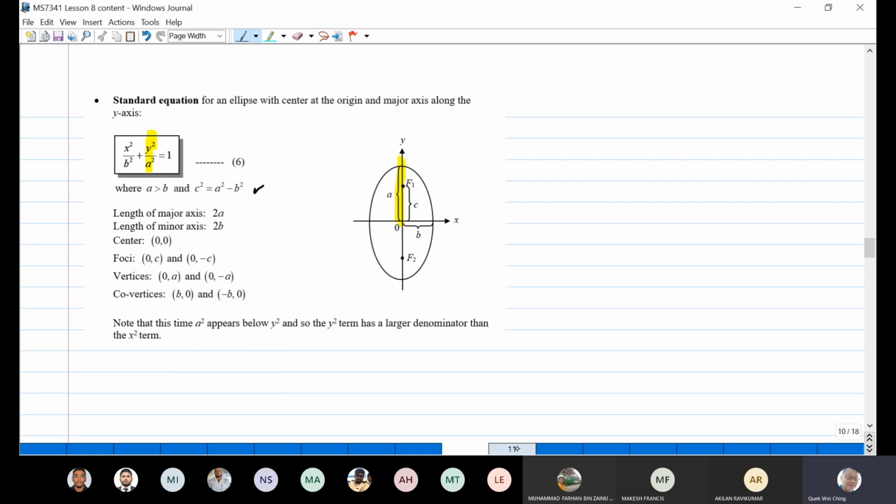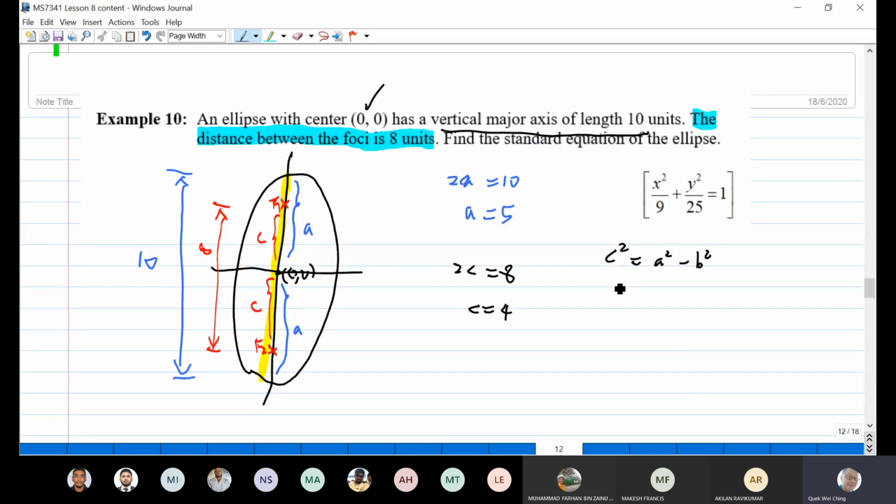So make use of that. c squared is 4 squared, a squared is 5 squared, minus b squared. So b squared equals 5 squared minus 4 squared, which is 25 minus 16, you get 9. So b squared is 9. Now this is the vertical ellipse, so how do we find the equation of the ellipse here?